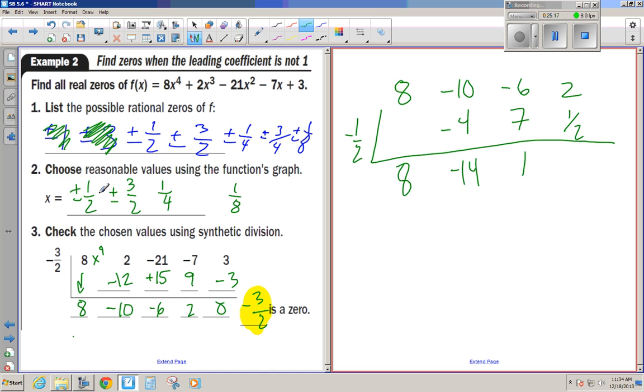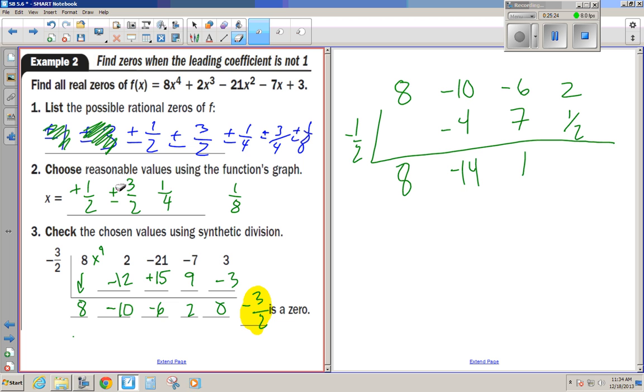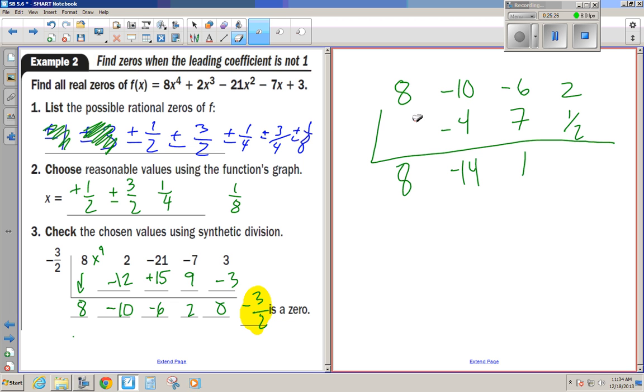So negative 1/2 does not work. All right. So now we have to figure out a little bit more. So that one didn't work.